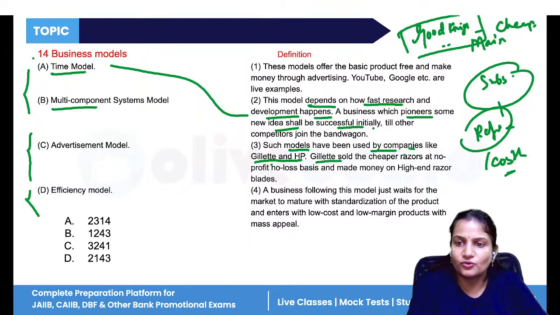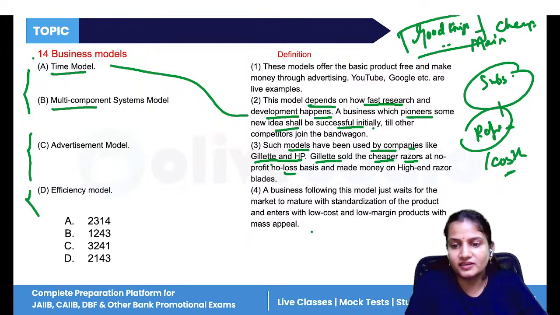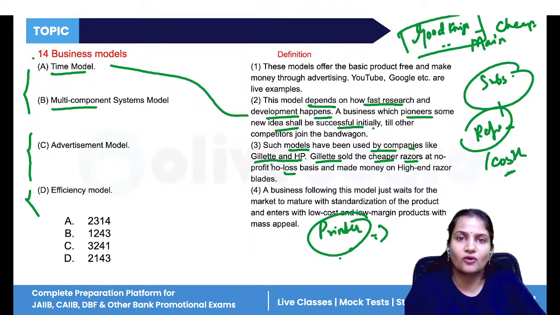Gillette sold the cheaper razors at no profit, no loss, and made money from their blades. So razors are sold cheaply and the blades at a high price. Then one more example, the printer and cartridge. The cartridge costs very high, so you can make money from your second product.